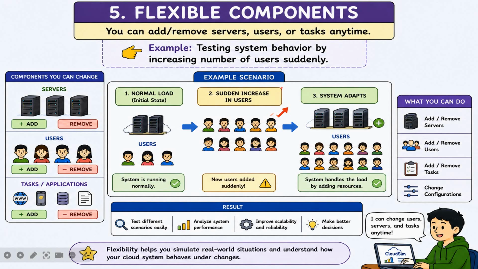So this result section at the bottom explains the benefits of flexibility, including easy testing of the different scenarios, analyzing system performance, improving scalability and reliability, and making better decisions. So overall, this figure shows how CloudSim helps researchers study cloud behavior under changing conditions in a flexible, efficient, and cost-effective simulation environment.